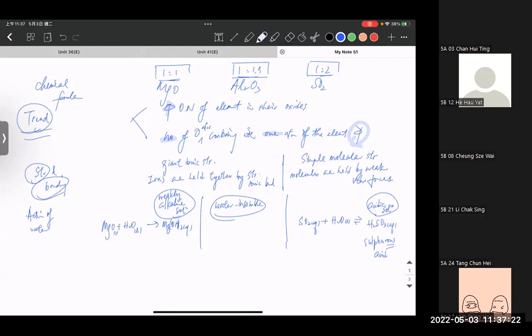Last question is an additional question. Al2O3 is said to be an amphoteric oxide, but this oxide itself is not water soluble. How will you know that it's amphoteric? That type of question has been assessed, right?